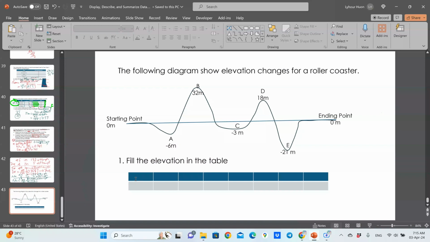The categories of the table. We should categorize it by how high and low it's going, right? So there should be two or three or four categories. What do you think?